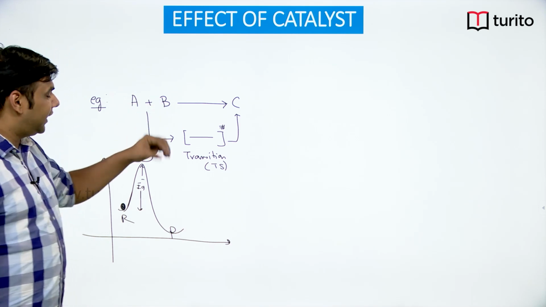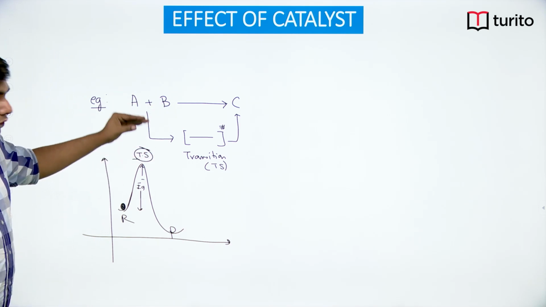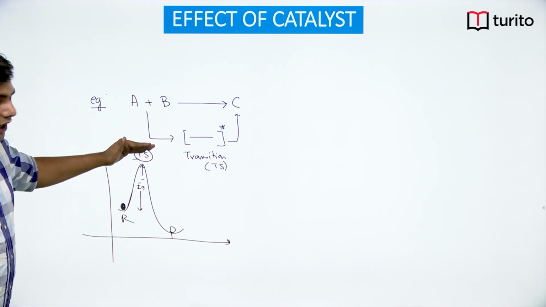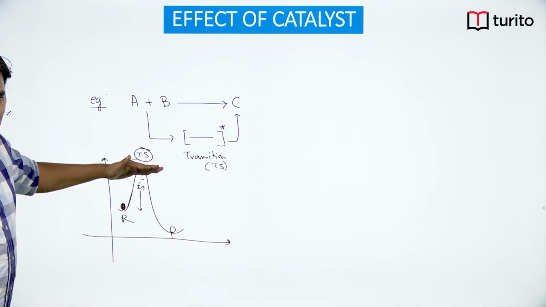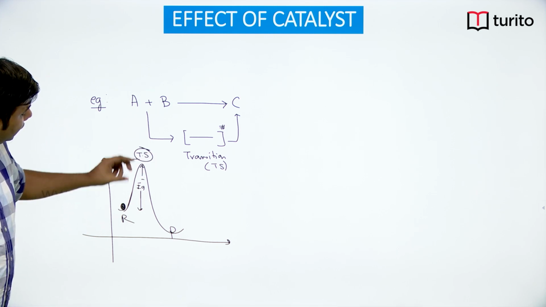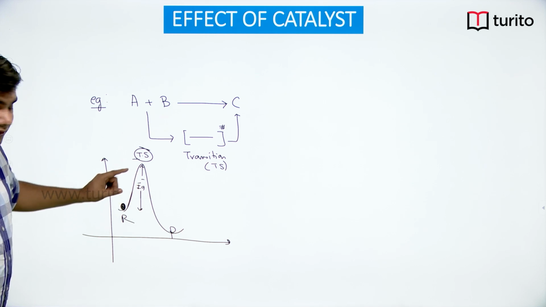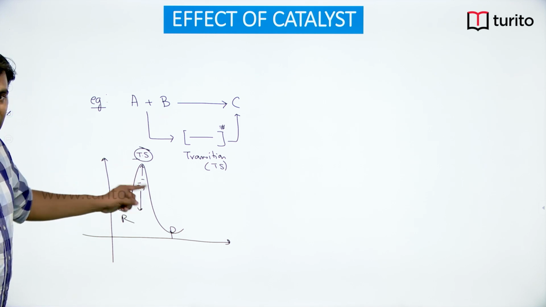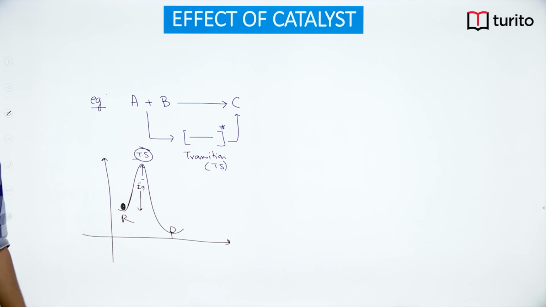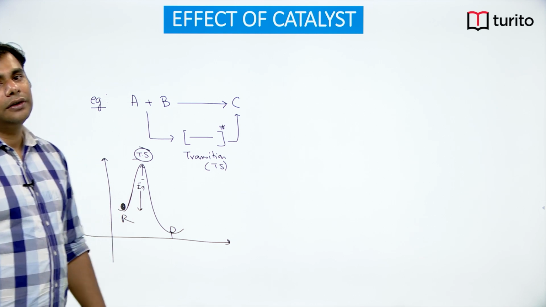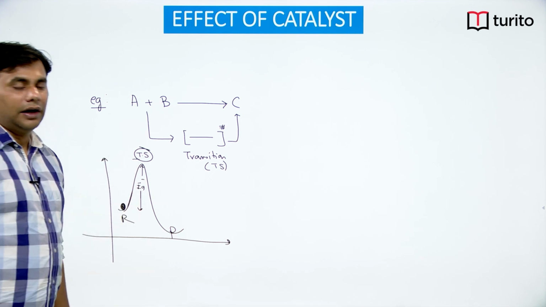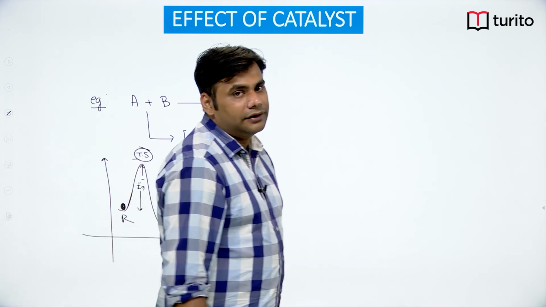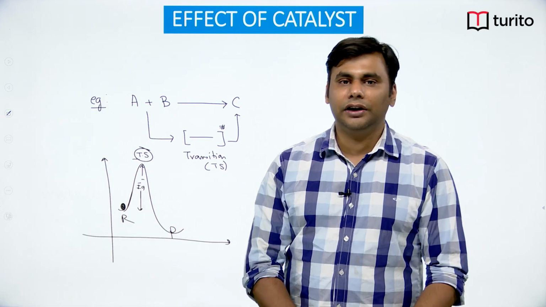So the catalyst will stabilize this transition state, and once it is stabilized, its energy will get lowered. When the energy gets lowered, the activation energy will decrease. So the reaction barrier would decrease and the reaction would proceed in a faster manner. That is how a catalyst increases the rate of reaction.